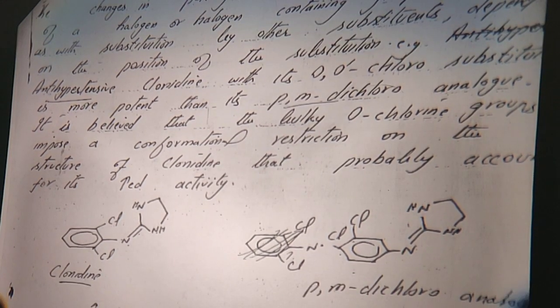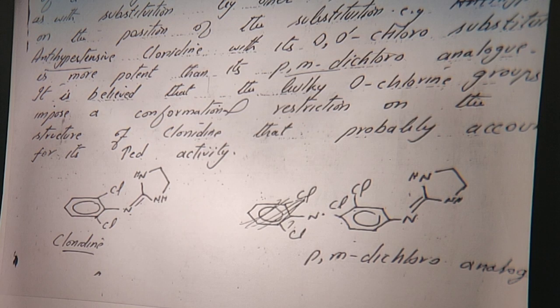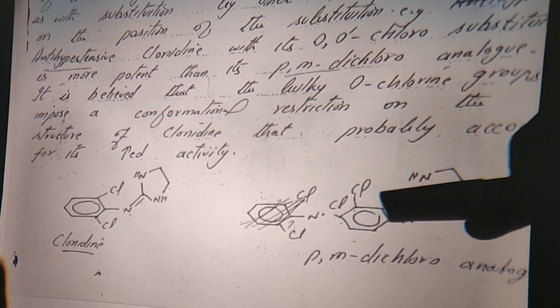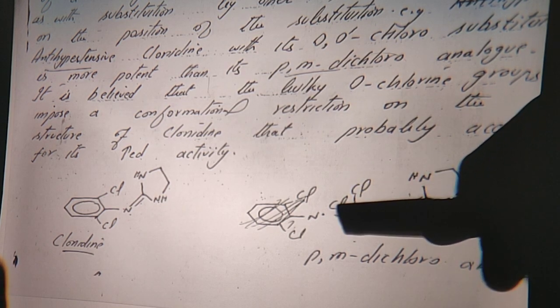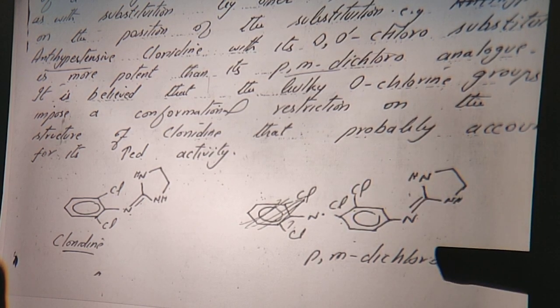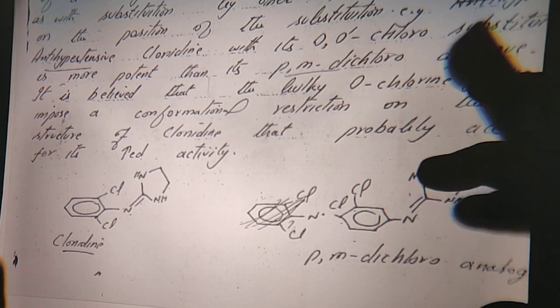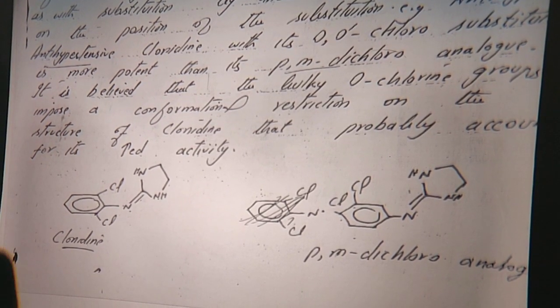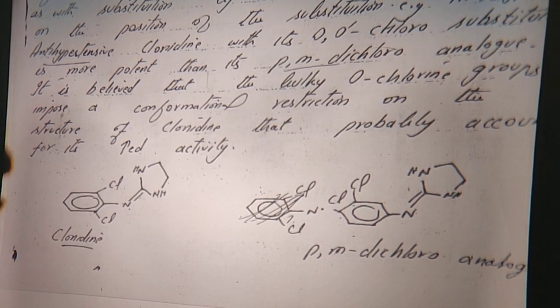You can see this is ortho chloro, and here is ortho, meta, para. So the para, meta chloro form is less biologically active than the ortho chloro form of chlorine. So this is a pretty good example. Similarly, I have given you the example of the diuretic aspect of it.